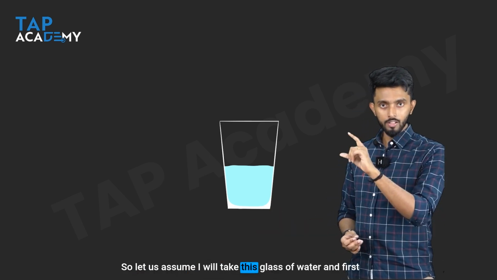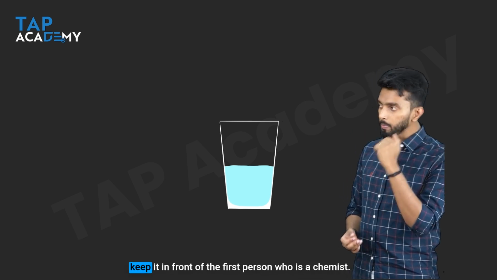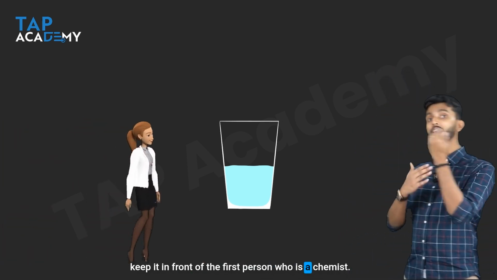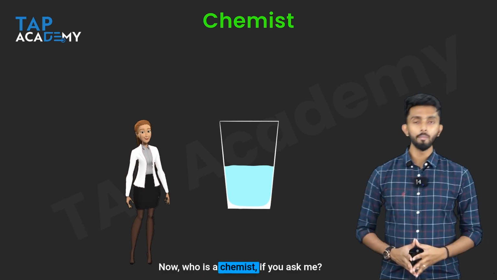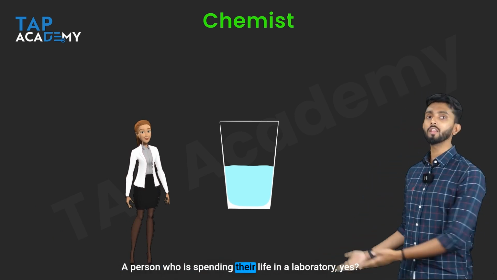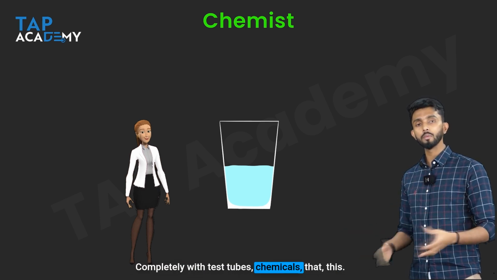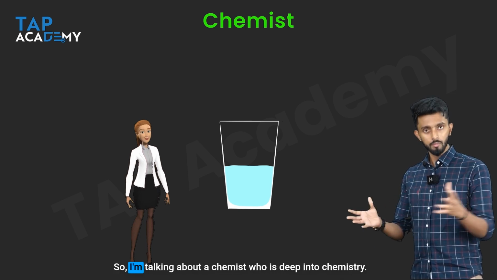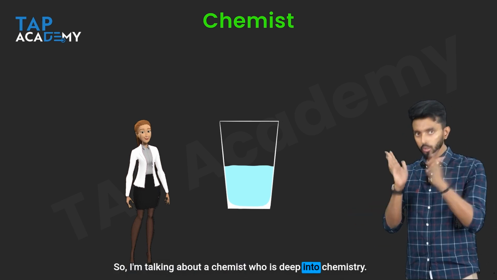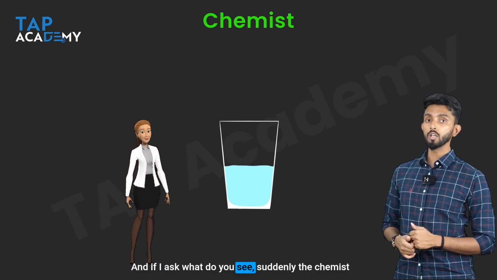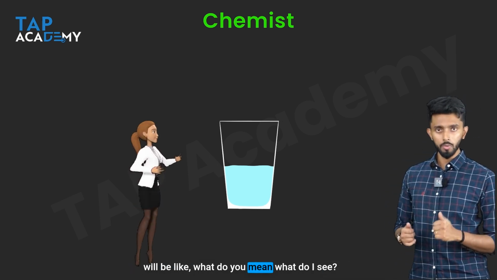So let us assume I'll take this glass of water and first keep it in front of the first person, who is a chemist. Now, who is a chemist, if you ask me? A person who's spending their life in a laboratory, completely with test tubes and chemicals. So I'm talking about a chemist who's deep into chemistry. And if I ask, what do you see? Suddenly the chemist will be like, what do you mean, what do I see?